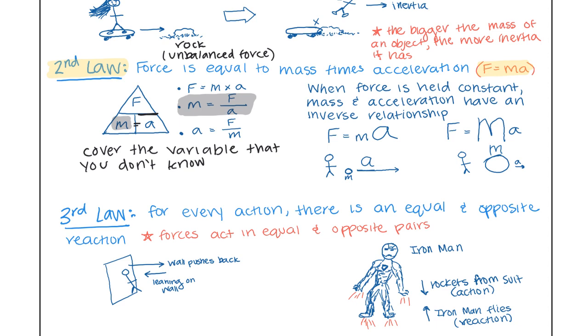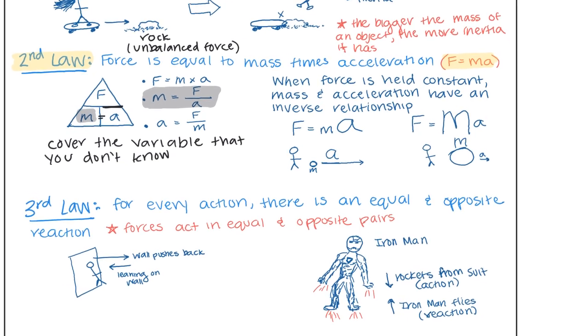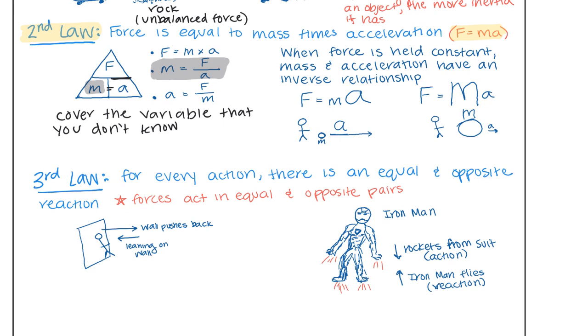Another thing I did want to point out to you all is that mass and acceleration have what we call an inverse relationship. So an inverse relationship means that as one gets bigger, so in this case, as acceleration is bigger, mass is going to be smaller, right?